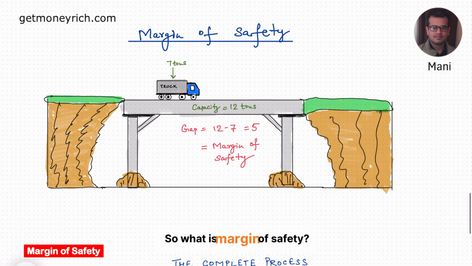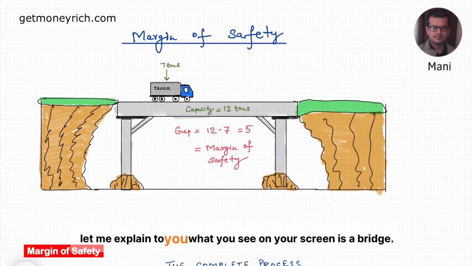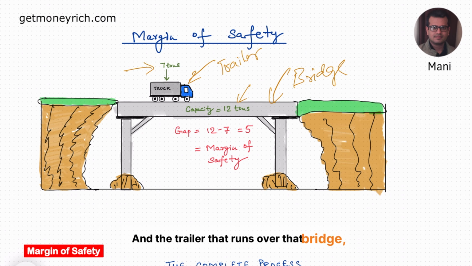So what is margin of safety? To understand the margin of safety, let me explain to you. What you see on your screen is a bridge, and on that bridge there is a big trailer. Suppose the capacity of the bridge is 12 tons and the trailer that runs over that bridge is, let's say, of 7-ton load.